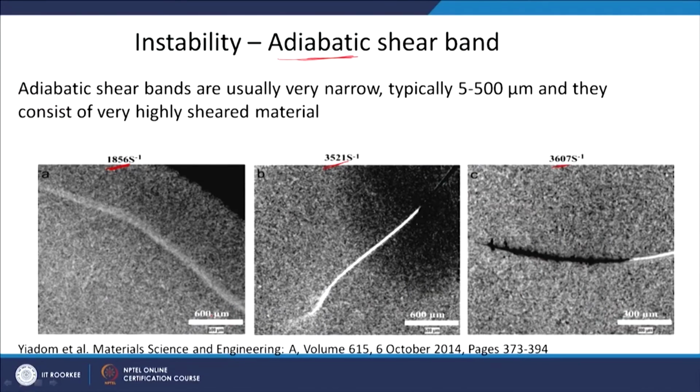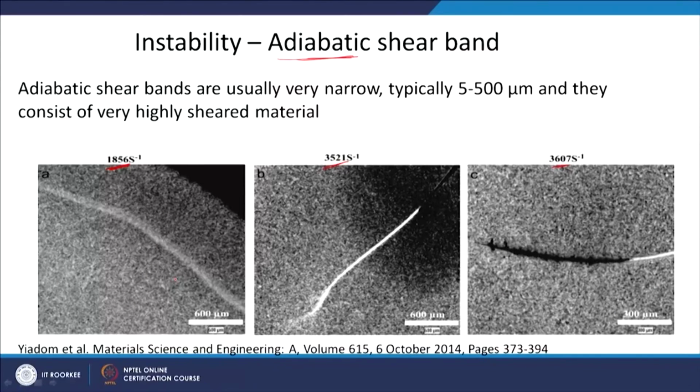For example, here 600 micron is the scale, and it is almost covering the whole figure, so it must be around a 1000 to 1500 micron shear band. It should cover maybe 50 grains or so, depending upon the grain size.